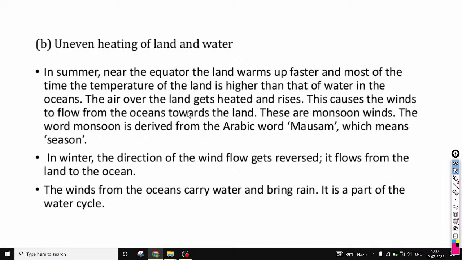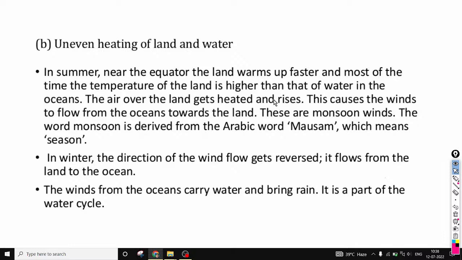In the May and June time period, the air is too hot, and this hotter air is called loo. The air over the land gets heated and rises up, because the hot air gets lighter.